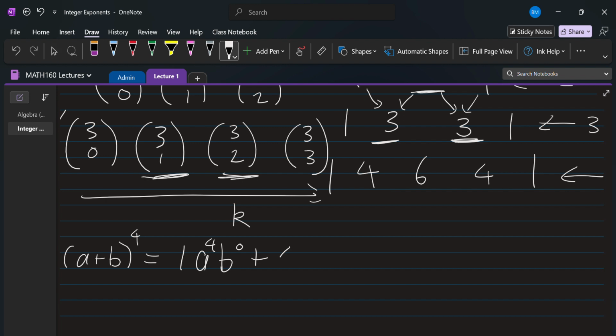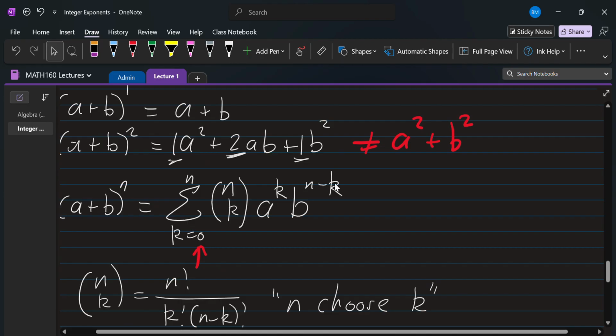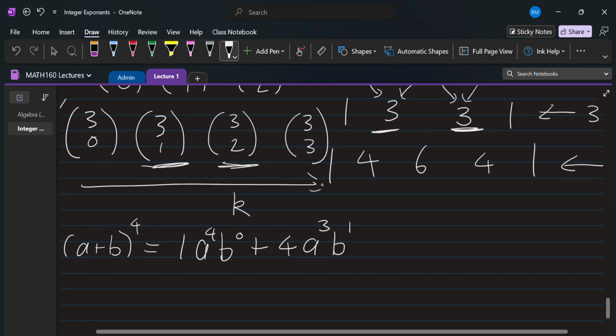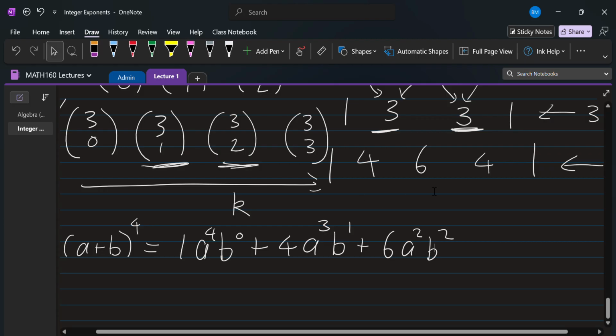Then it will be a to the power 4. Because remember, we go back here. Okay, it doesn't matter the order, just start from 4. Or you can start from 0. But you'll see you get all the terms in the end. So we'll have a to the 4, b to the 0. Because the exponents must add up to 4. Because that's what we're working with.